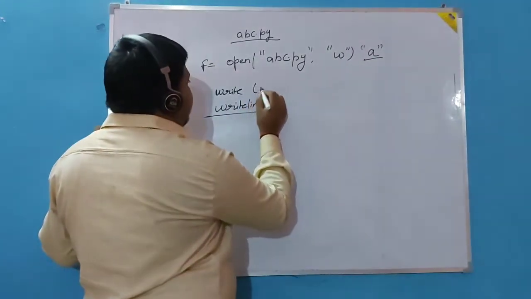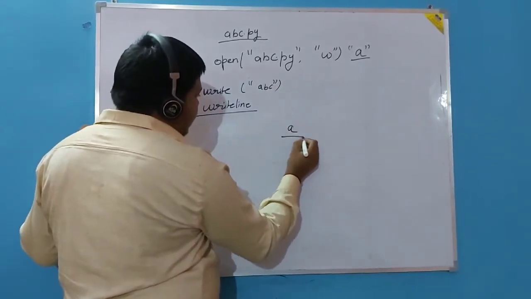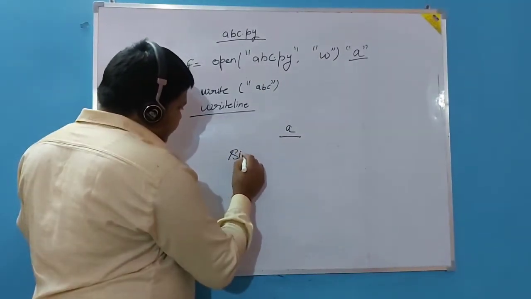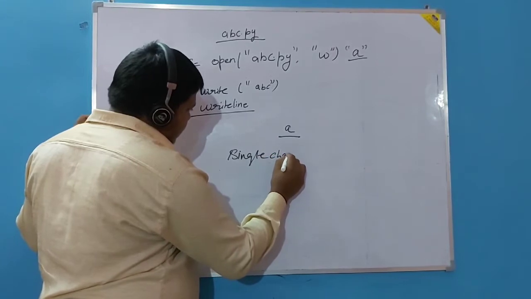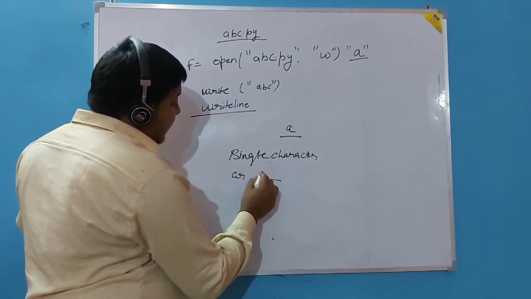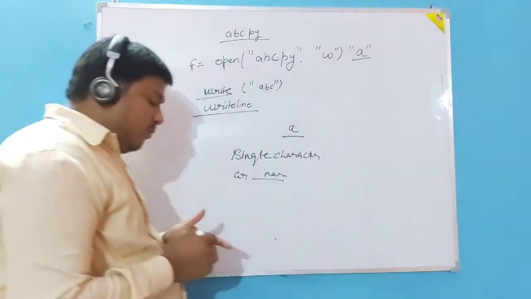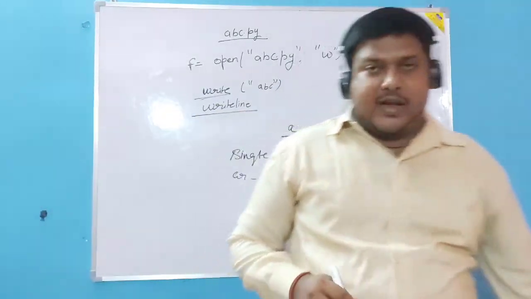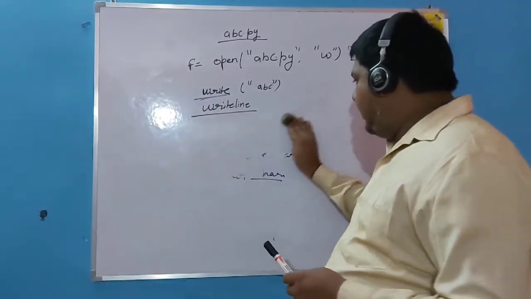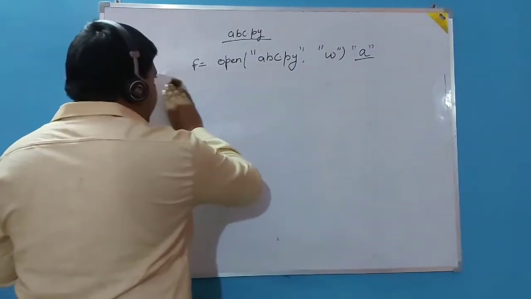If we have a single data like ABC, or one character, or more than one character in a single line, then we use write. And if we have more than one line of data and we want to write, then I will use writelines.